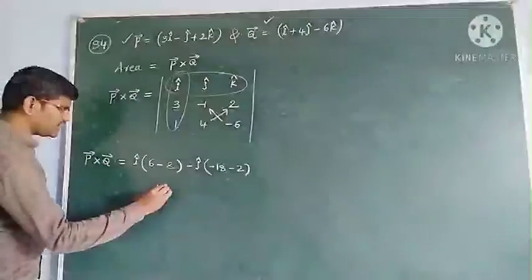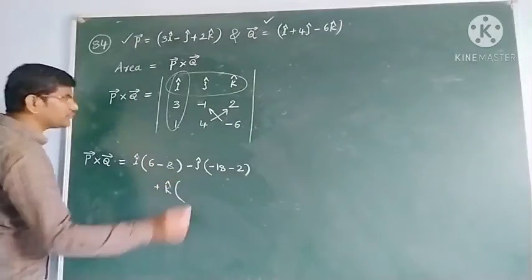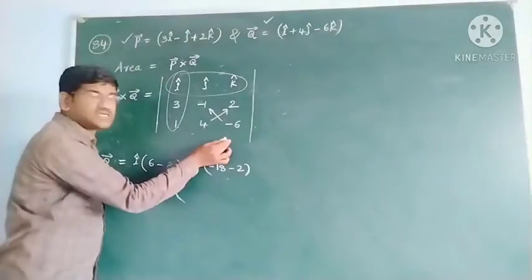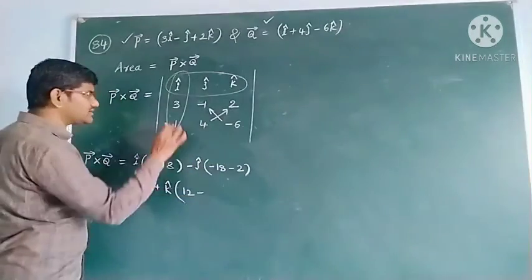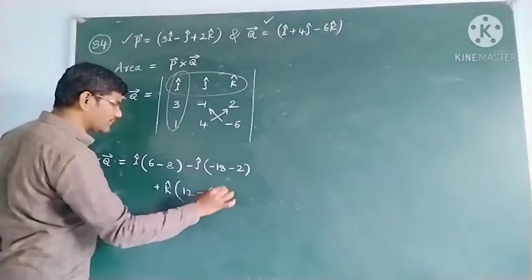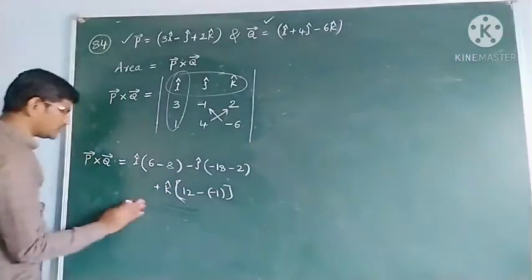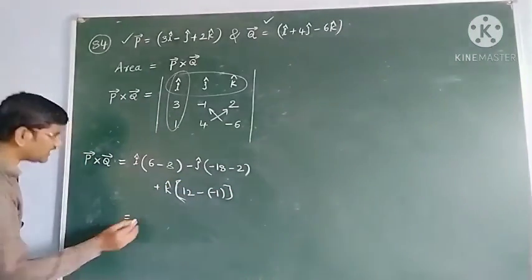So plus k cap into, okay, what is that you see students? 12 and minus of minus 1. So then, what will I get?